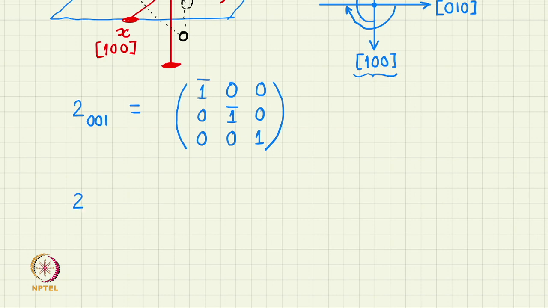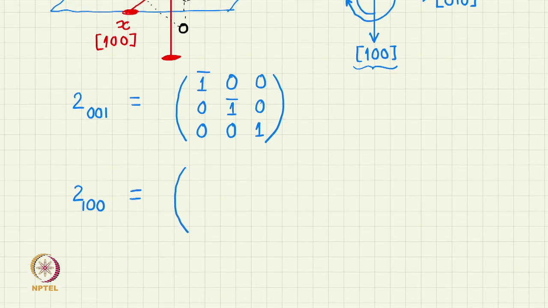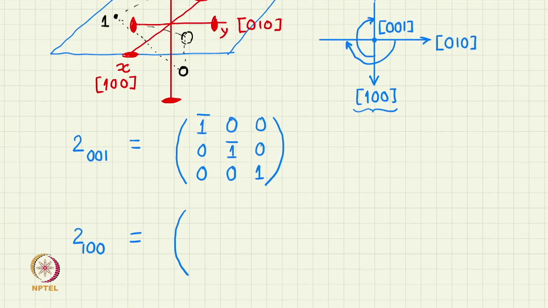The other one we took was the x axis. So, let us write this. Now you can quickly see, if you rotate about the x axis, then the x axis will remain invariant, the y axis will become negative of itself and the z axis will also become negative of itself.